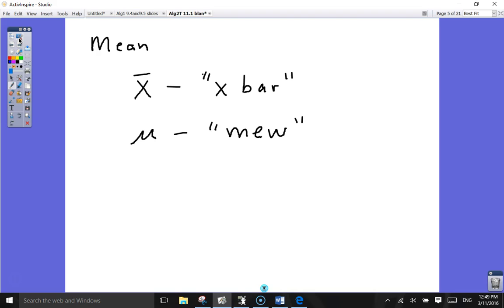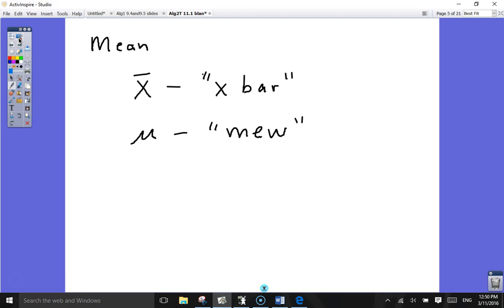So let's say that I wanted to know the average height of everybody in America, right? We wanted to have a measure of the average height of Americans. Whatever value that is, whatever is the actual average height of Americans, that's mu. Now, I'm not going to go out and measure every American.